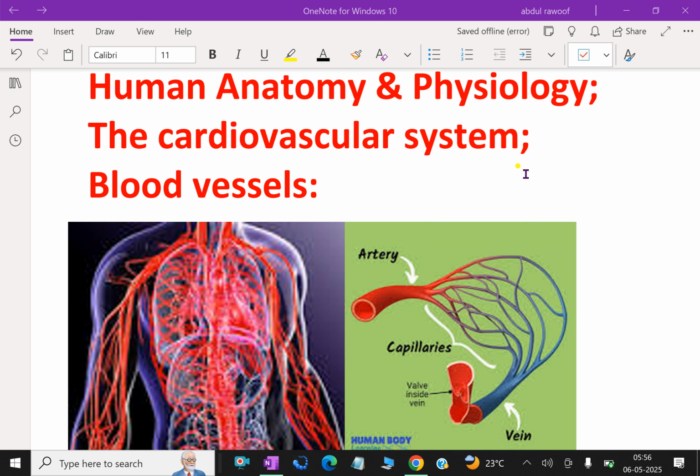Systemic blood pressure is mainly determined by the resistance these tiny arteries offer to blood flow, and for this reason they are called resistance vessels. Arteries have thicker walls than veins to withstand the high pressure of arterial blood.